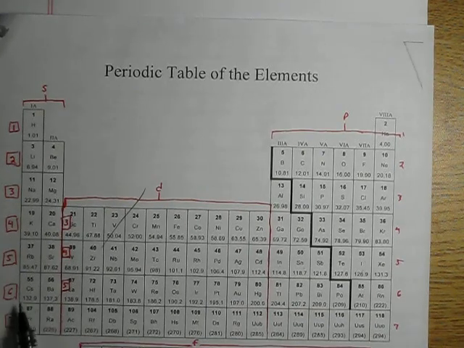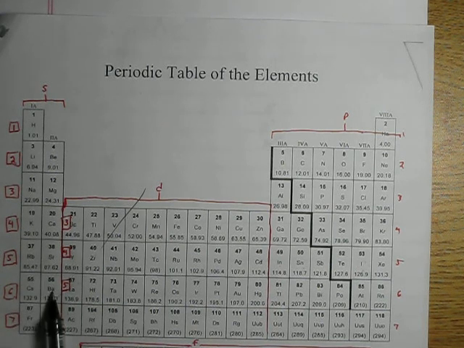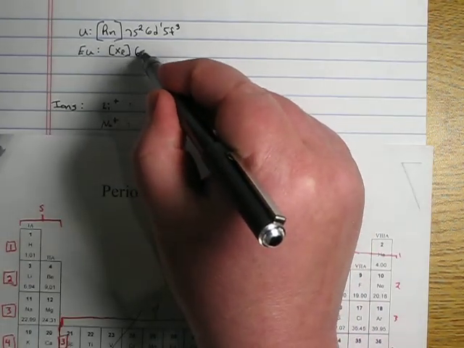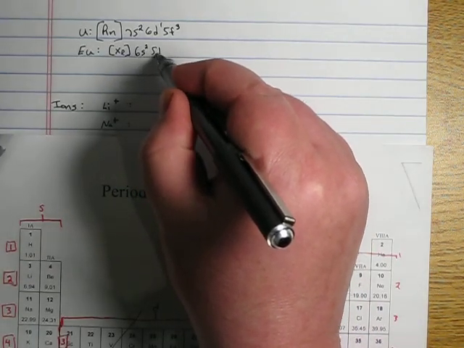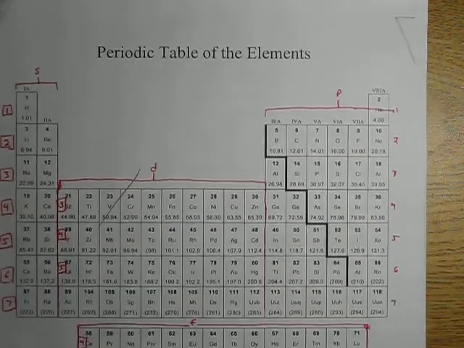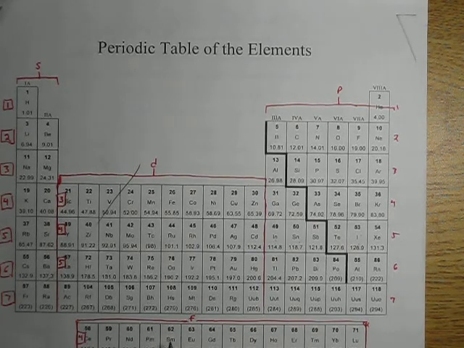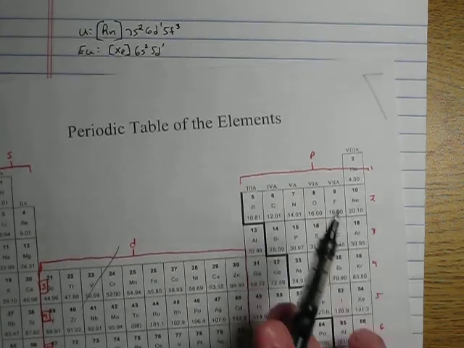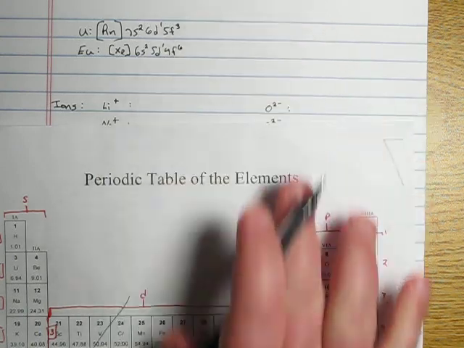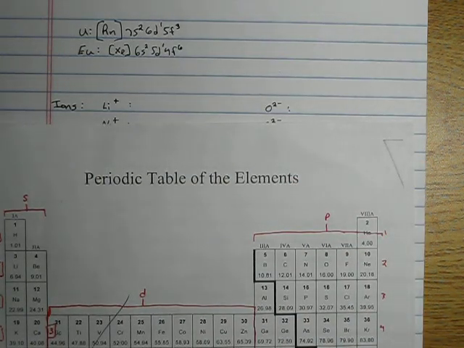Gotta go down to here. 6s2. 55, 56, 57, 58, 6s2, 5d1, then 1, 2, 3, 4, 5, 6, 4f6. All right. Looks good, eh?